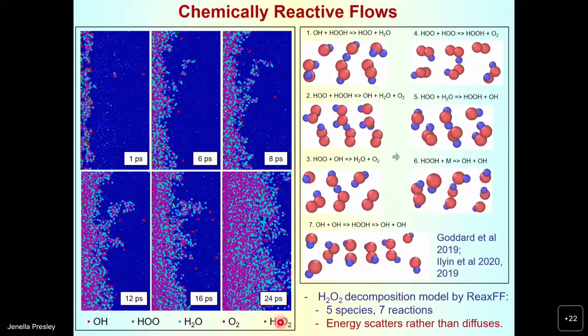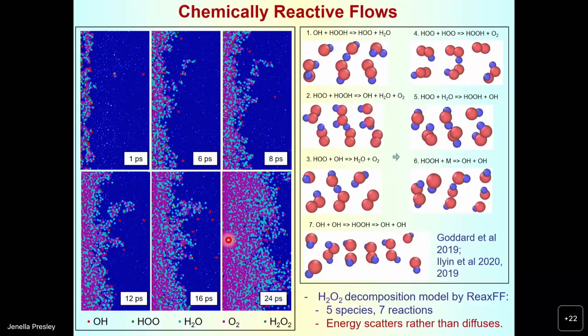It was also an interesting finding of these simulations that the energy distribution in these systems at molecular scales may be different from the traditionally presumed energy diffusion, which is associated with multiple inelastic collisions of fluid particles.